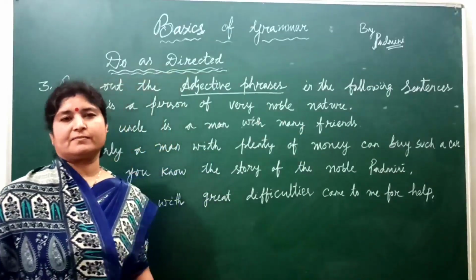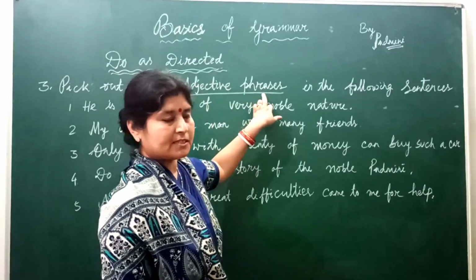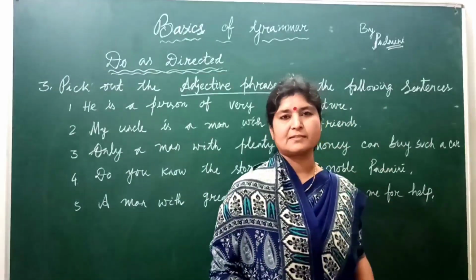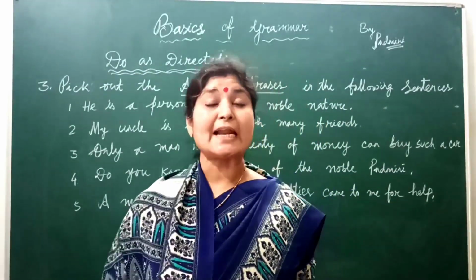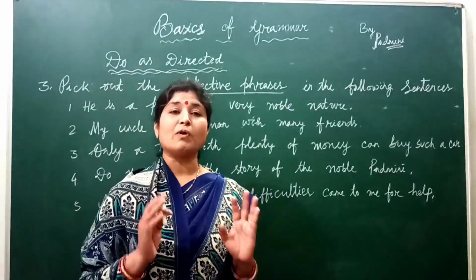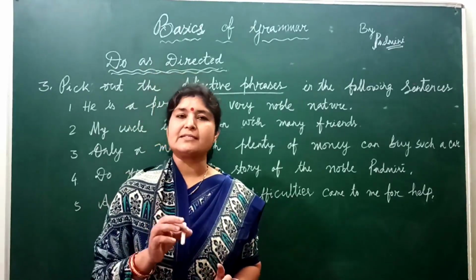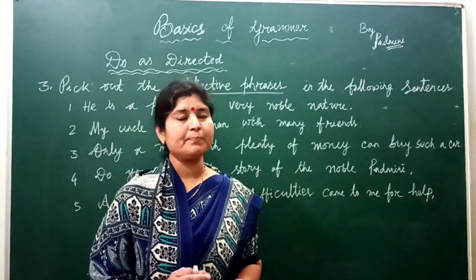So my dear class, your next question is, pick out the adjective phrase in the following sentences. So first, what is an adjective phrase? A phrase which does the work of an adjective in a sentence is known as an adjective phrase. Okay?